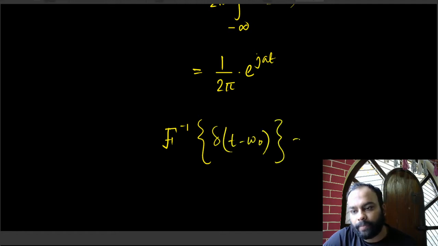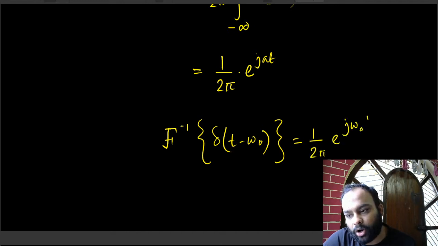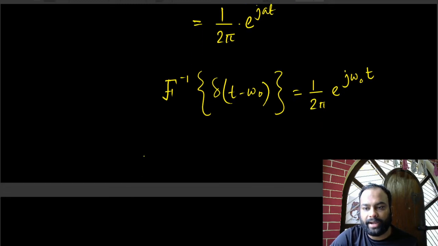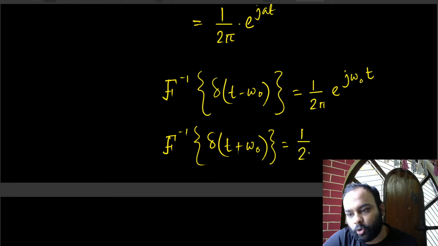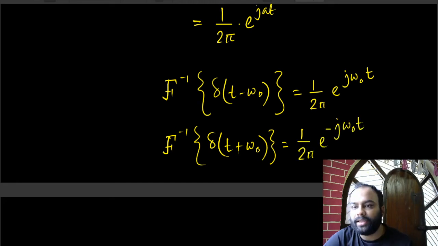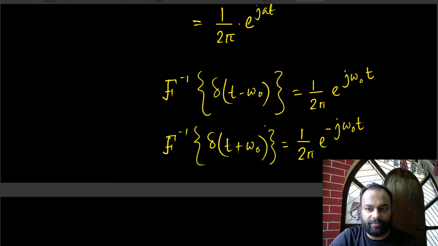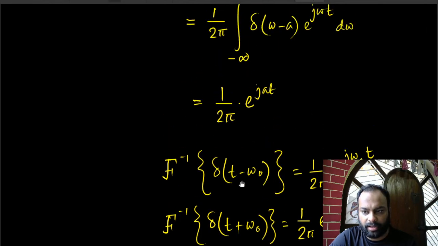That's going to be 1 by 2 pi e to the power j omega naught t, right? And similarly, the inverse Fourier transform of delta omega plus omega naught is going to be 1 by 2 pi e to the power minus j omega naught t. Same thing, just consider this to be minus of minus omega naught, right? Is there any confusion with this? Absolutely not, I think, right?